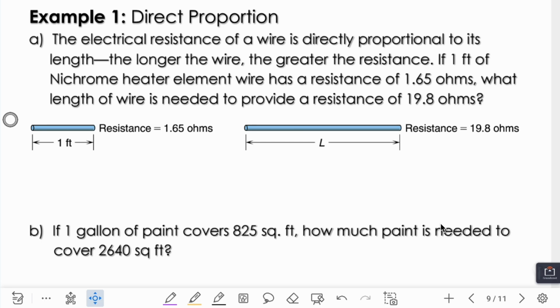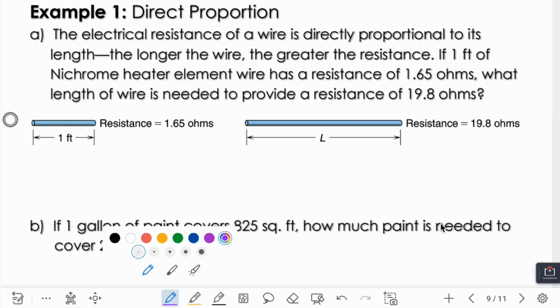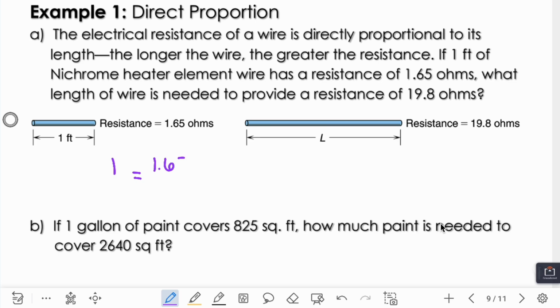So we're looking for L in the second picture of the wire here. To set this up, we know that 1 foot is equal to a resistance of 1.65 ohms. So what length do I need if I want to have a resistance of 19.8 ohms?